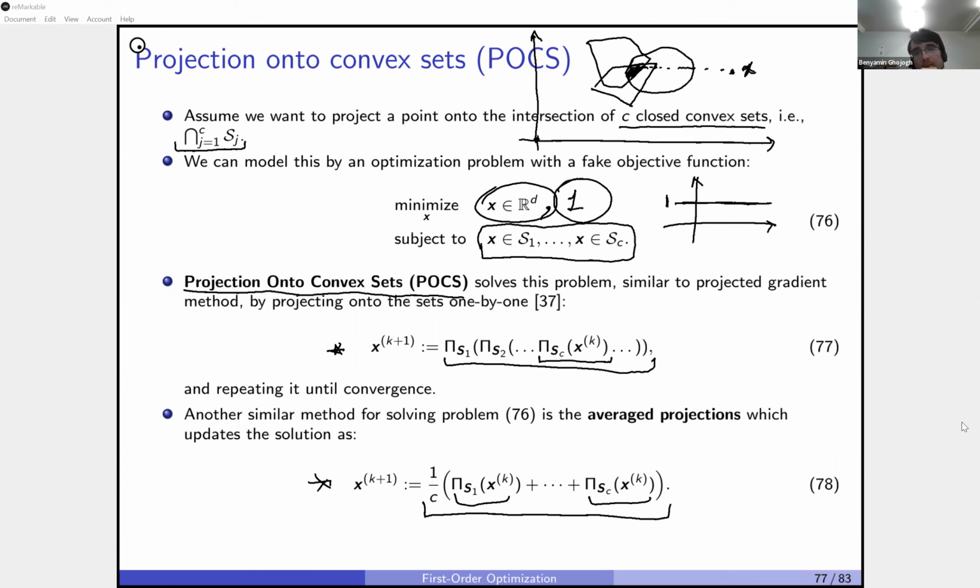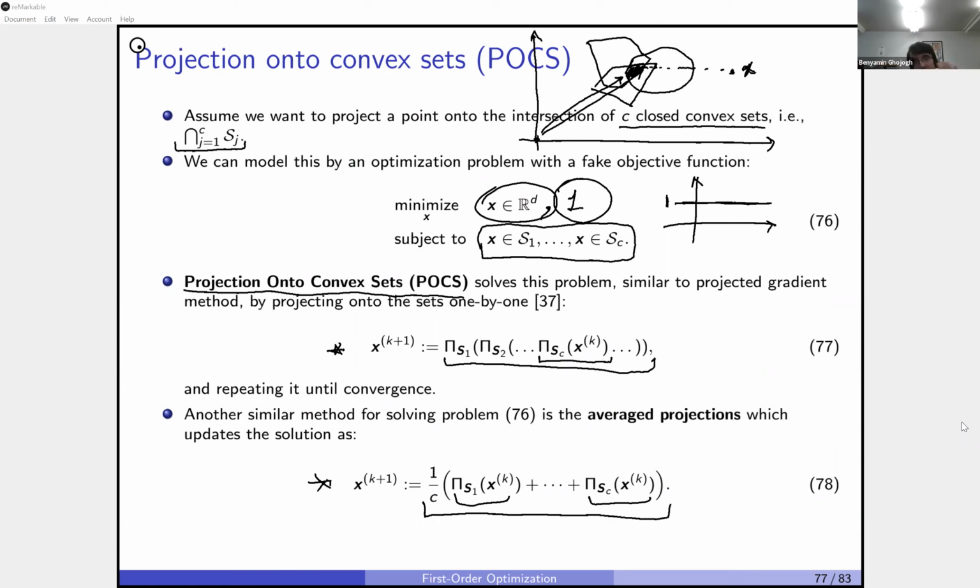Okay, so here you might not find this because the length of this vector is larger than the length of this vector. So when you are saying minimize x subject to this, it says find the smallest x which is inside this intersection.